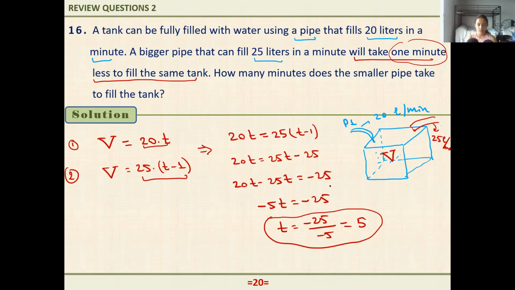And what is it? That is how many minutes? That is the t we are looking for. How long does the smaller pipe take to fill the tank? This is the smaller pipe. It takes t minutes, right? That is the answer. It takes 5 minutes for the smaller pipe to fill the tank. Okay? So then it takes 4 minutes.